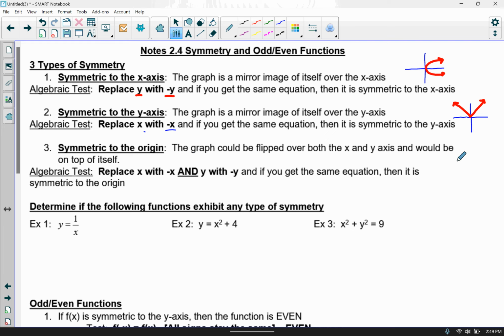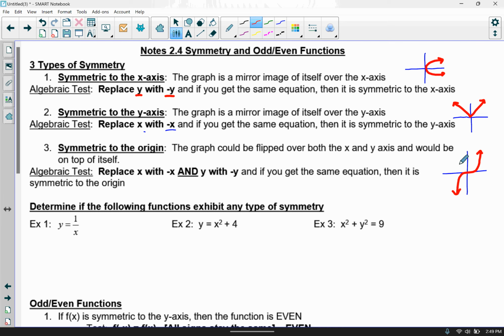To be symmetric to the origin, you have to be able to flip it over both the x-axis and the y-axis. Order doesn't matter, so you can flip it over x then y, or vice versa, but the graph would still be on top of itself. I will use the cubic function here. If I flipped it over x, this bottom portion would be up here at the top.